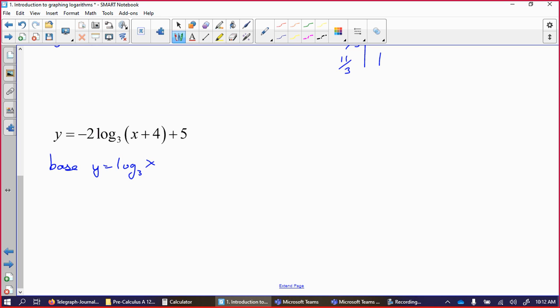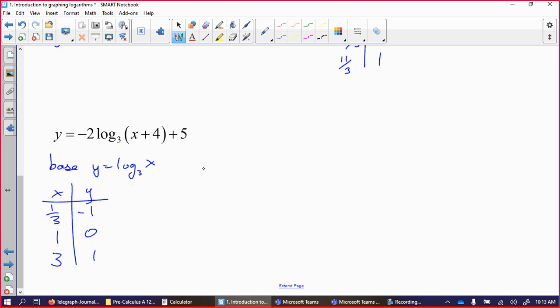Log base 3 of x. X, y. So it's a third, 1, and 3. Negative 1, 0, 1.